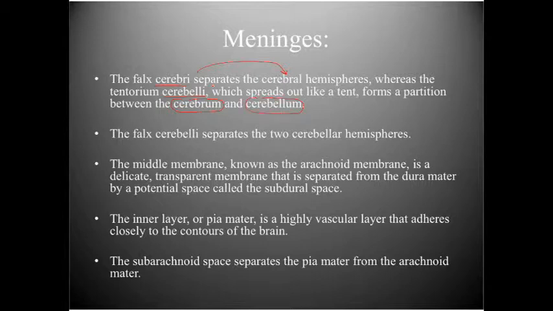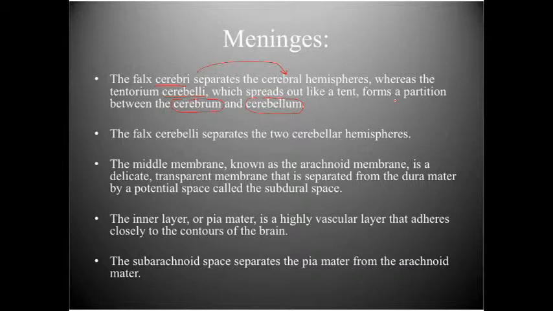The falx cerebri separates the cerebral hemispheres, and the tentorium cerebelli separates the cerebrum and cerebellum. The falx cerebelli separates the two cerebellar hemispheres. And this will make much more sense once we actually see CT images of this.